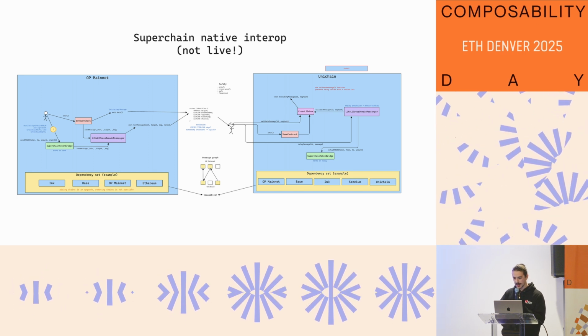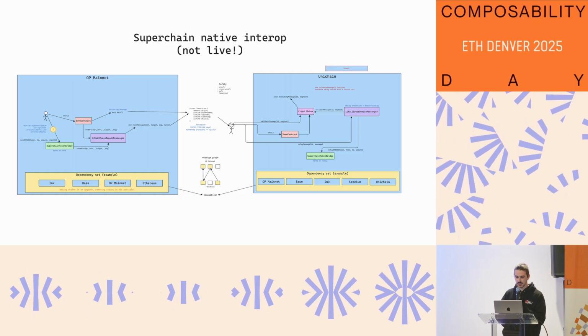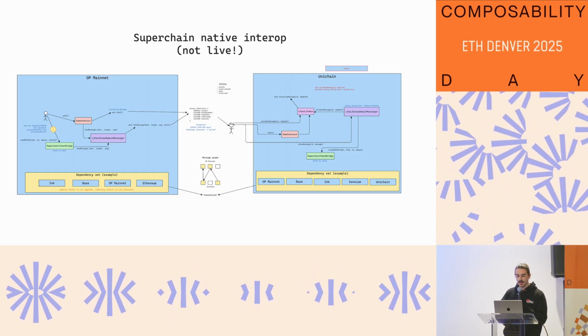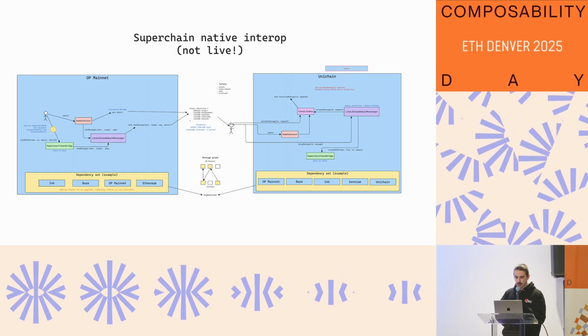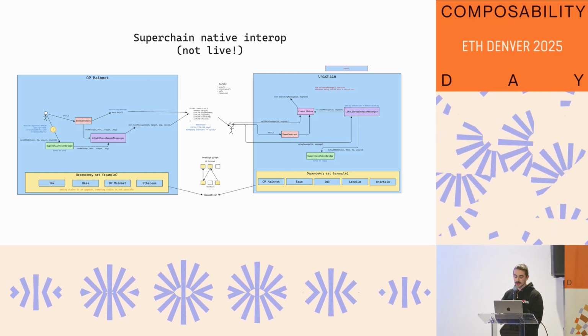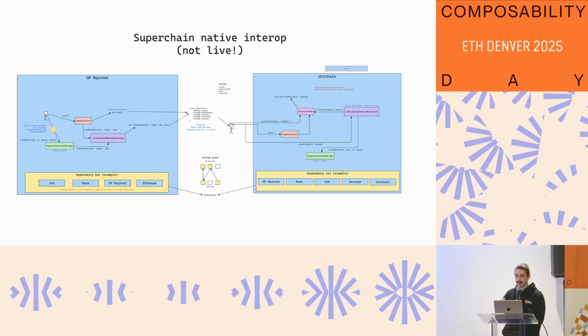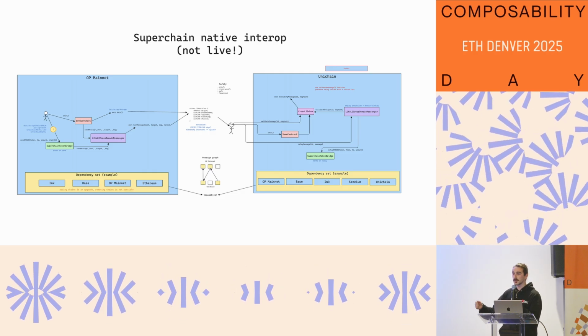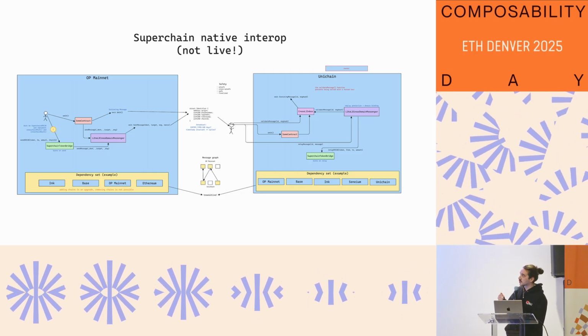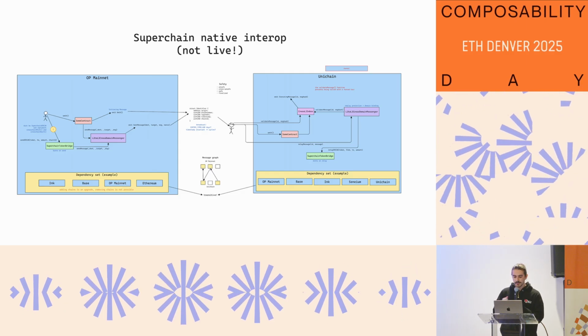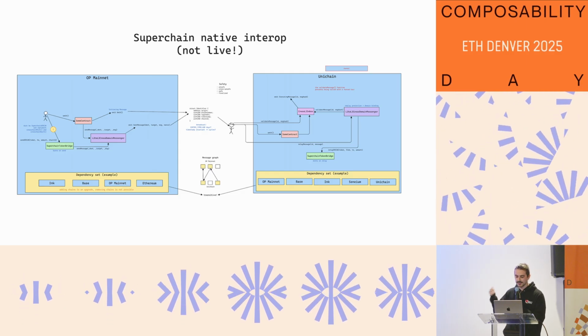I will have an executing message on the other side. And if a chain like Unichain includes an executing message for which an initiating message doesn't exist, the chain will reorg. So it will be structurally impossible to have unsafe calls, right?